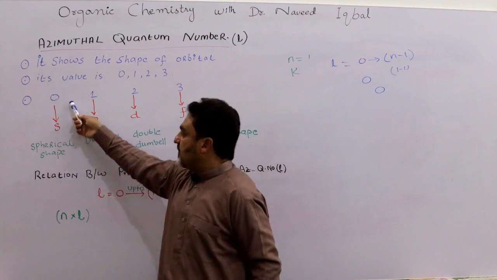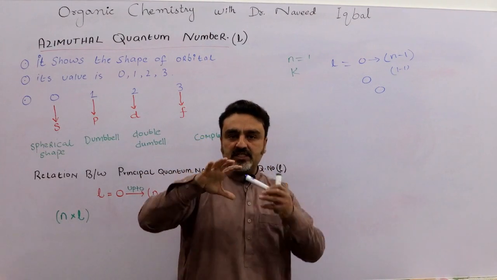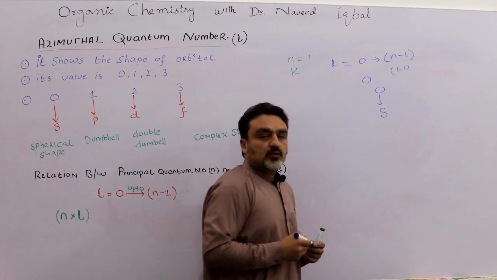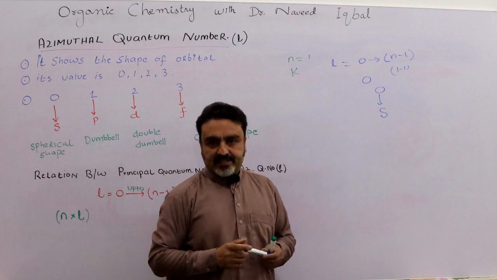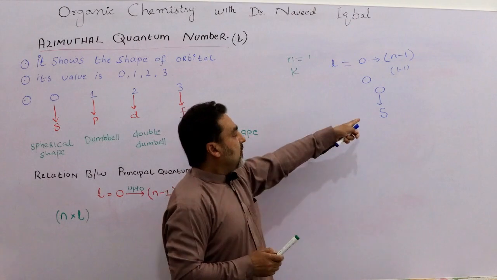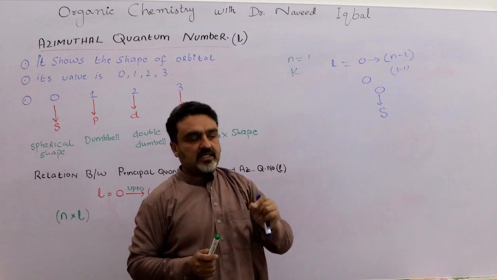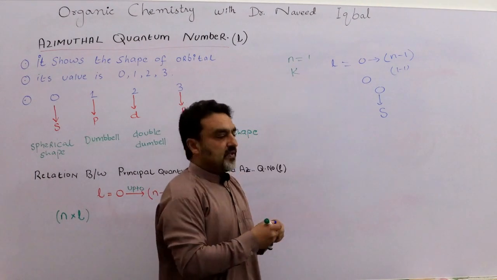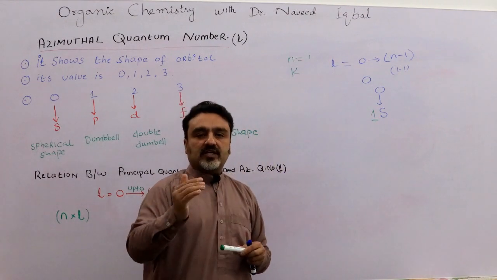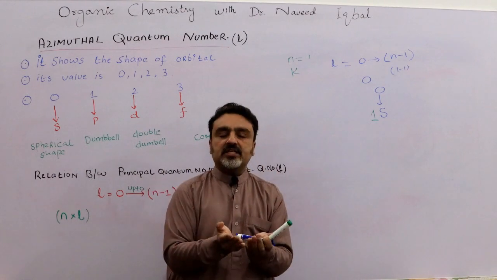You know that 0 is assigned to s, so it tells us it is an s orbital, a sphere. But which s orbital? The n value gives us that, so n is equal to 1, and we write it as 1s. So the K shell has just one shape in it, and this is a sphere.